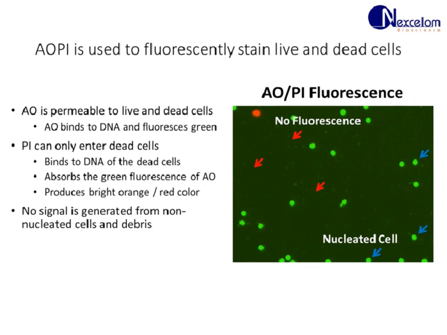And no signal is generated from non-nucleated cells and debris such as RBCs or platelets. This makes cell counting much easier and works on primary samples where a lot of RBC contamination, debris, and platelets are present in the sample.